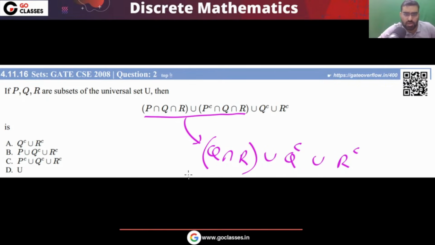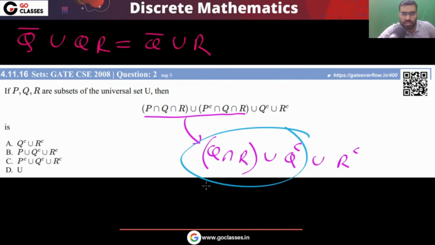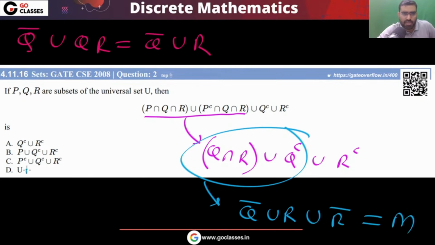Q complement union QR will be Q complement or R. From these two, you will get Q complement union R complement, and that is your universal set if you consider this as M. So the answer will be option D. You can solve this question in many different ways.